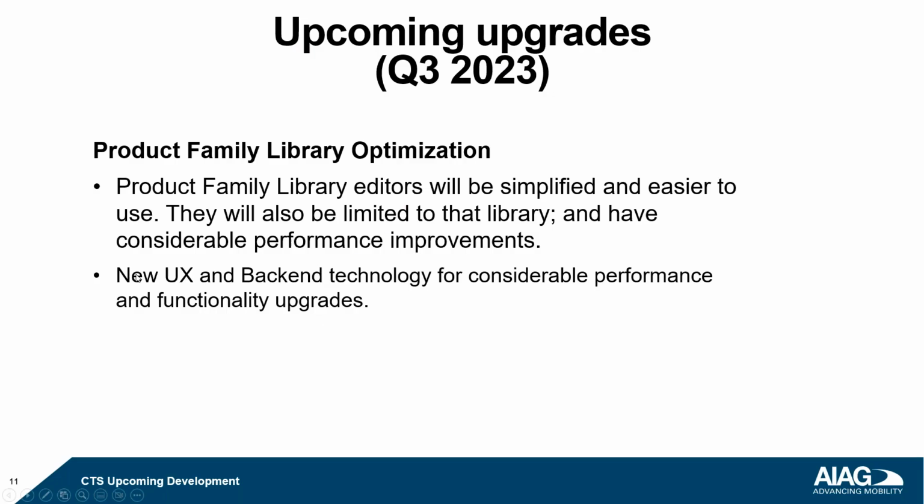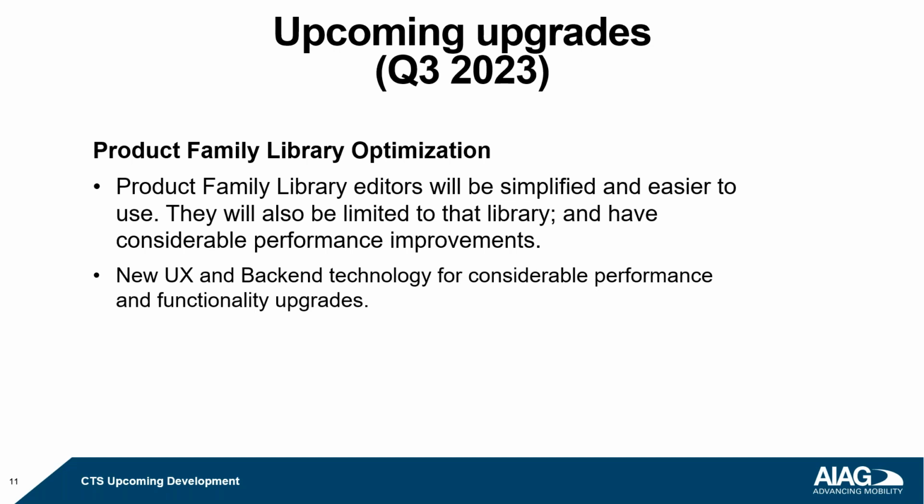There is one down here. We are contemplating fast tracking new usability and backend technology for the product family library in particular, to gain even more performance improvements early on.